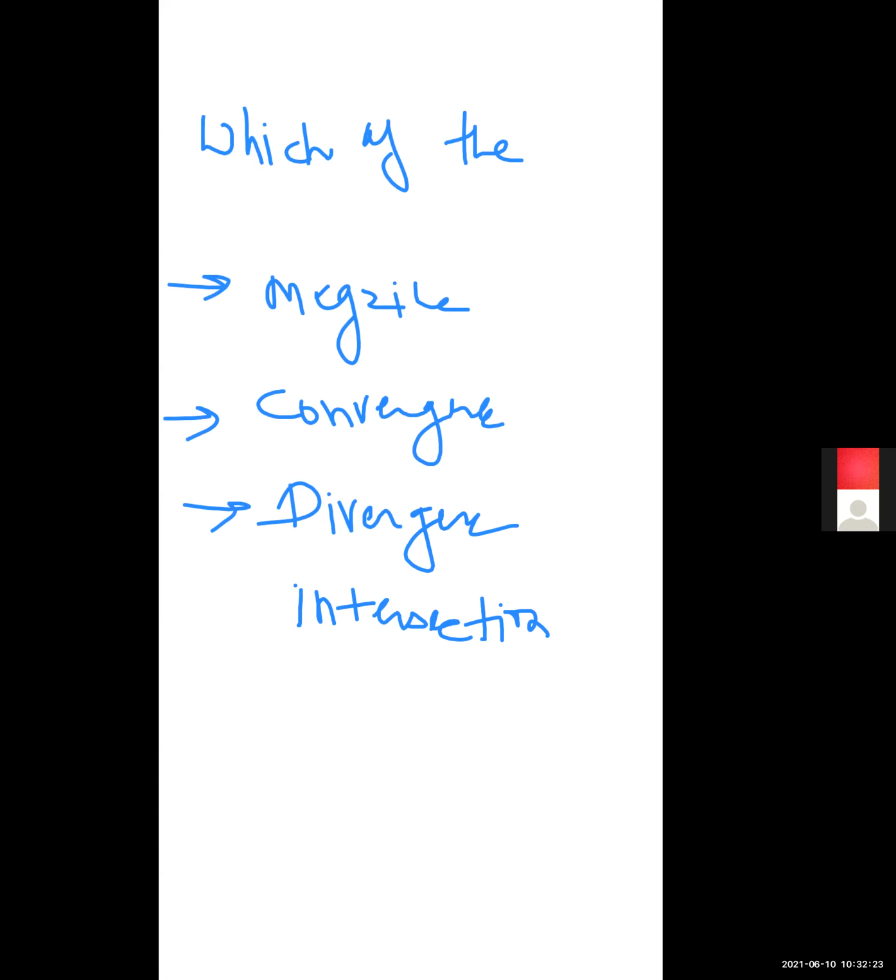Four options are here, A, B, C, D. So which of the following can hold the film of focal plane? Magazine, convergence, divergence, or intersection? Also discussed in first class.